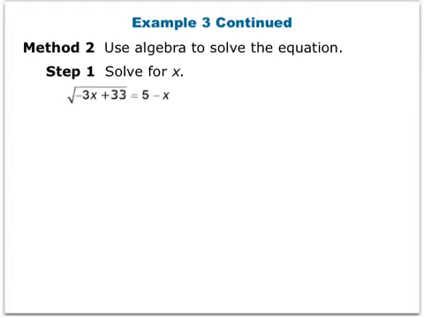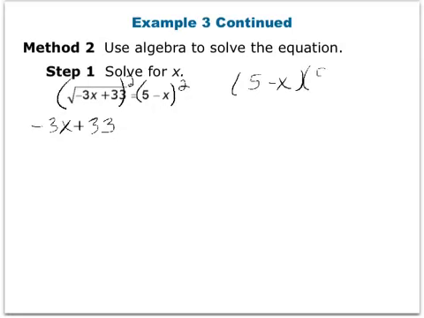We're going to go ahead and square both sides. That means on the left I have negative 3x plus 33, and on the right I have 5 minus x, squared. That gives me 25 minus 10x plus x squared.